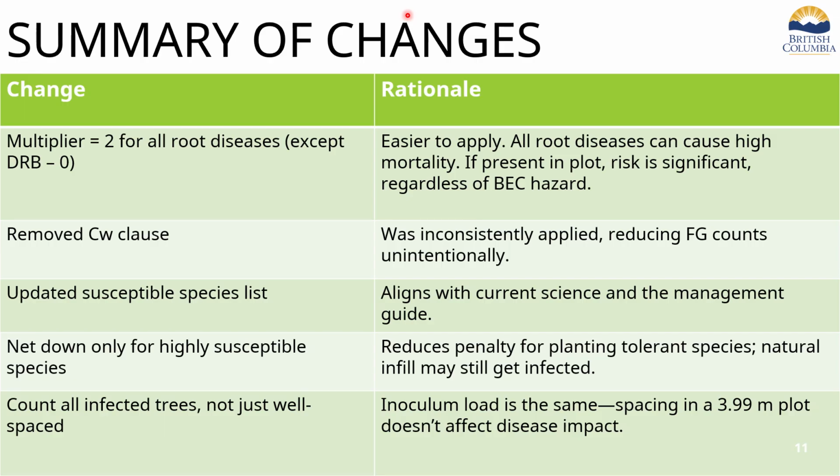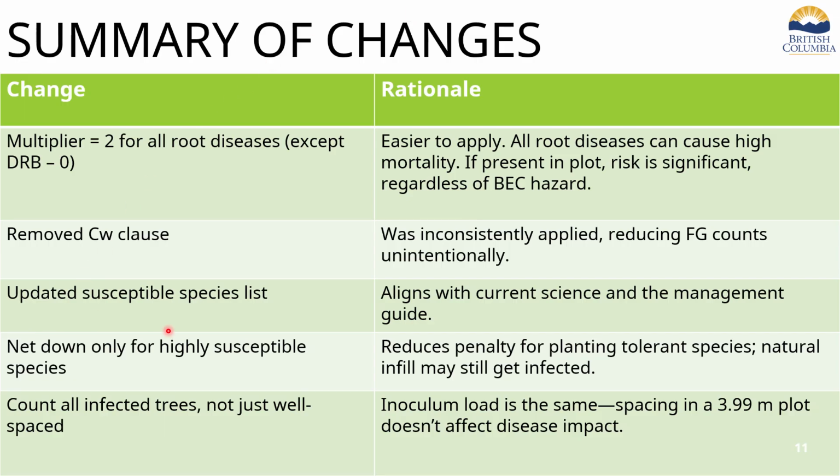Other people thought it became 1 for all species if cedar was present. I'd always interpreted it as 1 for cedar and 2 for all other species. If you did that, it actually led to lower free-growing numbers than if your multiplier was just 2 for all species. Given that confusion and unintended consequence of reducing free-growing numbers, we're getting rid of it.